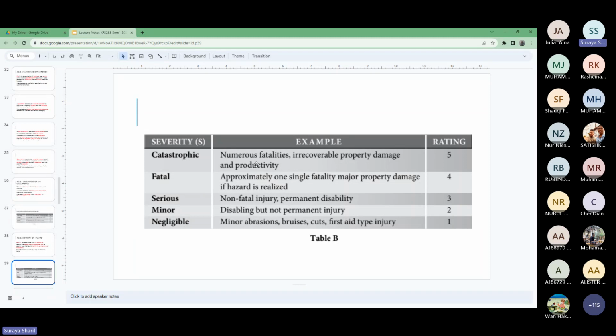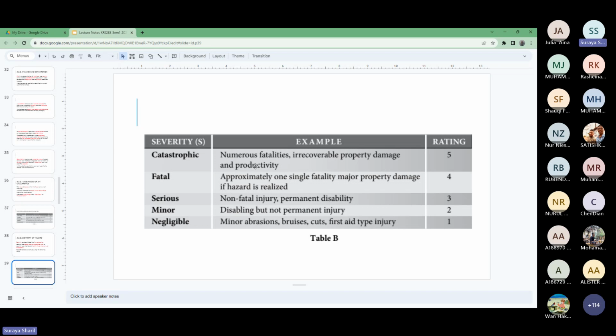Catastrophic being the worst one, the highest one, which is 5. And here the explanation describes numerous fatalities, irrecoverable property damage, and productivity loss.